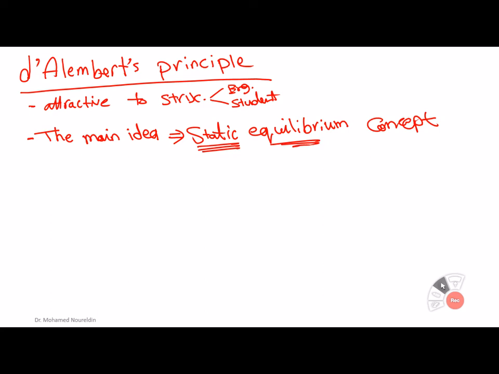The main idea here is that if we have a system with a mass, as we said before, we are going to have resistance forces, F of D. If we apply an external dynamic force, P of t, then the system is going to develop a damping force and an elastic resistance force.